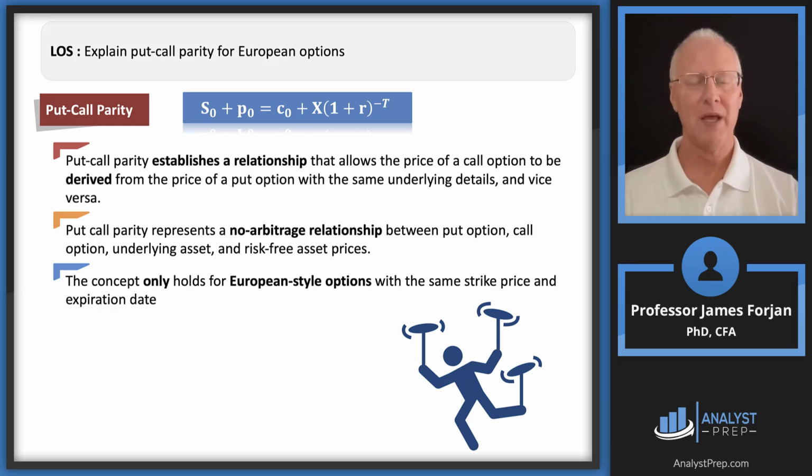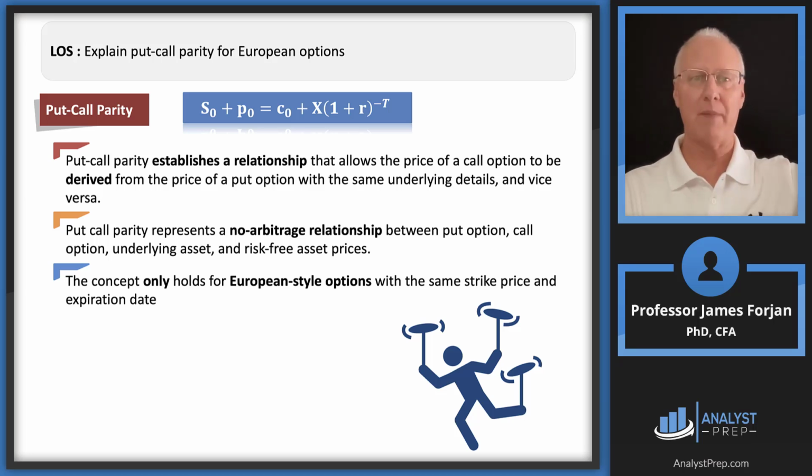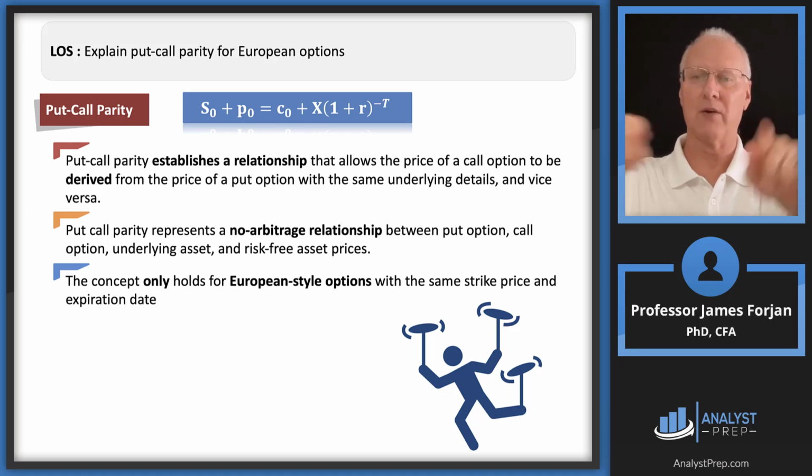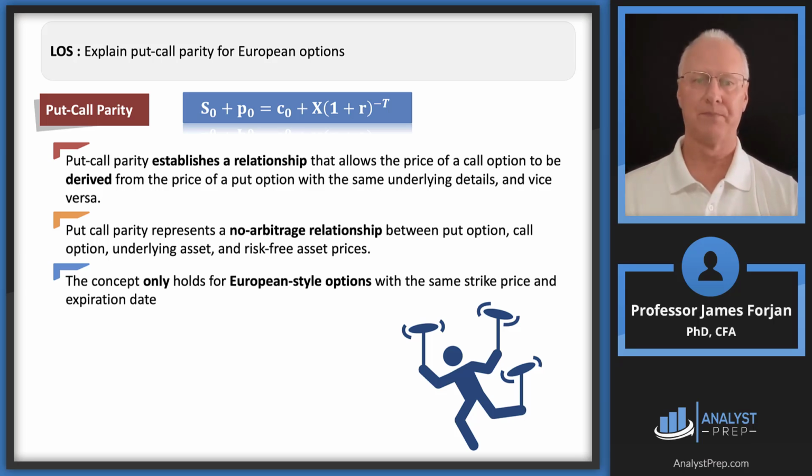Establishes a relationship that allows us to price a call option derived from the prices of these other, right? We're juggling these other things. So we can say if something's happened over here in the stock market and something's happening over here in the credit market, and then something's happening here in the options market, we can find the price of a call option. We can derive it based on those relationships.